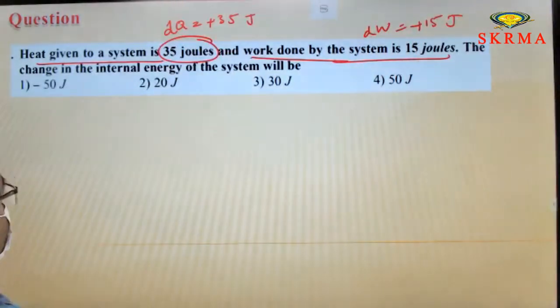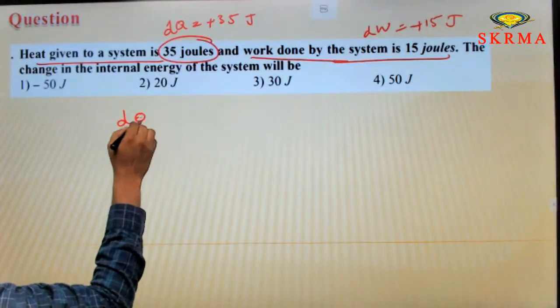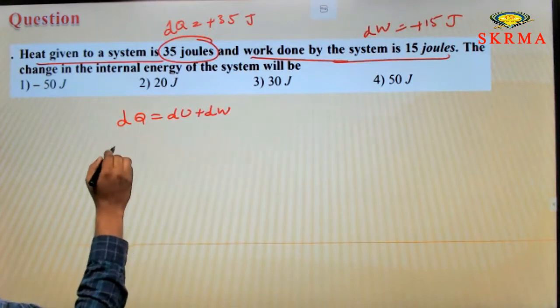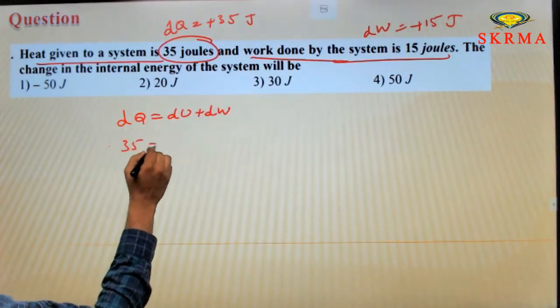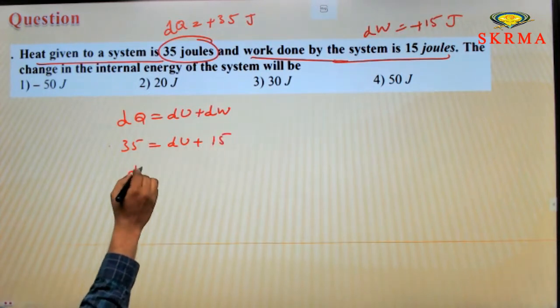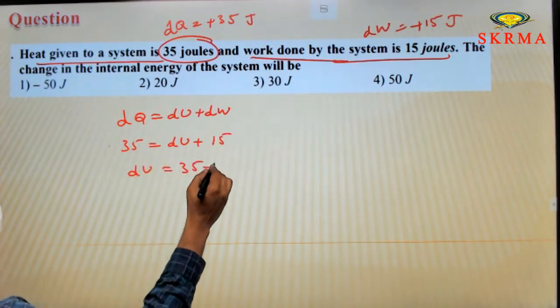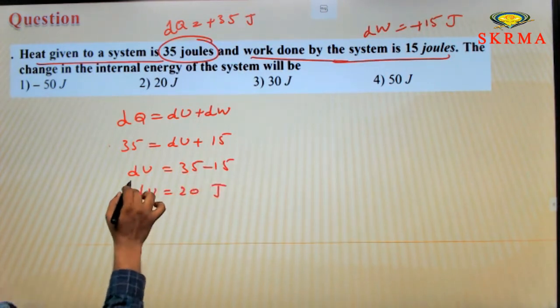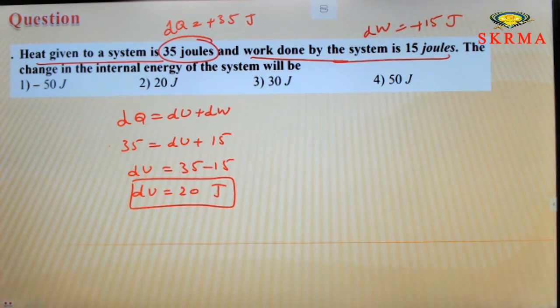From the first law of thermodynamics, dQ equal to dU plus dW. Substitute the values directly: 35 equal to dU plus 15. So dU equal to 35 minus 15, that equals 20 joules. Second option is the correct one.